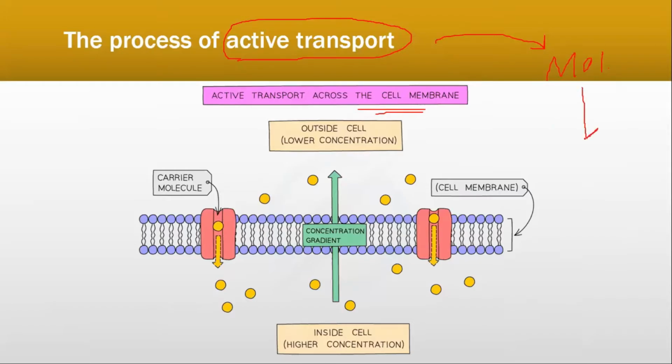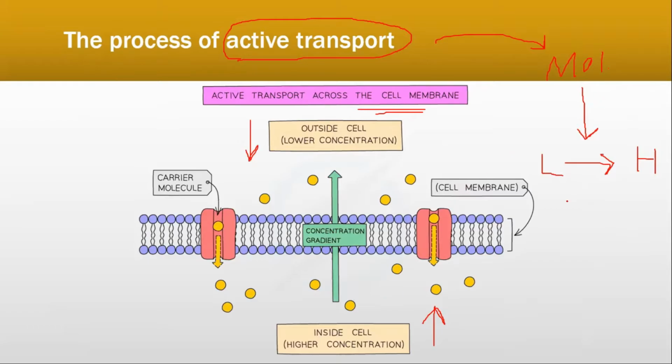But how is it different from diffusion and osmosis? We have diffusion and osmosis which travel from higher to lower, but in case of active transport, the molecules move from lower to higher concentration. For example, we have a lower concentration outside the cell, and we have a higher concentration inside the cells.